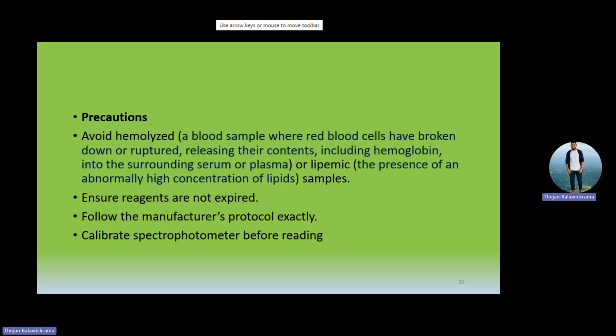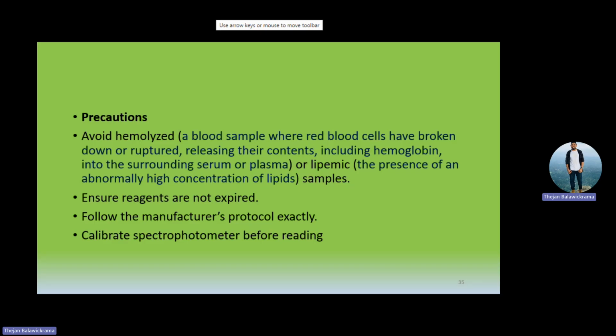Well, in this test also, we have to be careful about certain areas. What if our blood sample, we have red blood cells, white blood cells, right? We have stuff. So, I'm talking about the red blood cells. Just imagine in the blood sample, red blood cells are broken down.